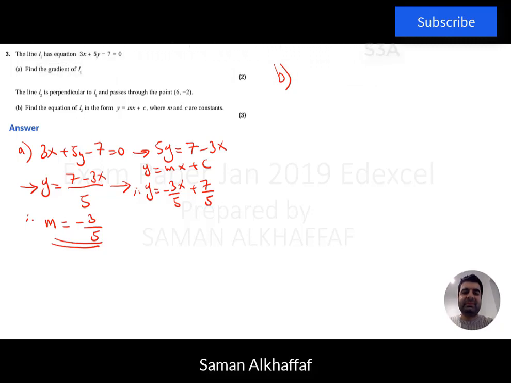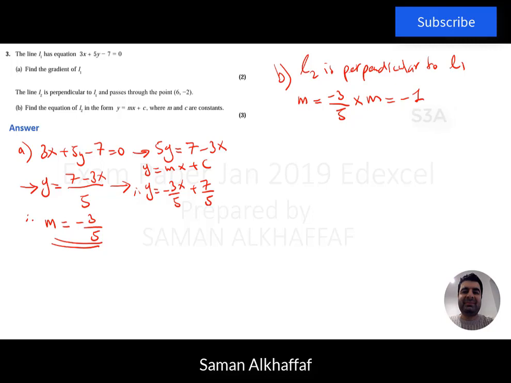And since we're told that L2 is perpendicular to L1, that tells us that the gradient of L1, minus 3 over 5, multiplied by m should give us minus 1, so essentially inverting the gradient.